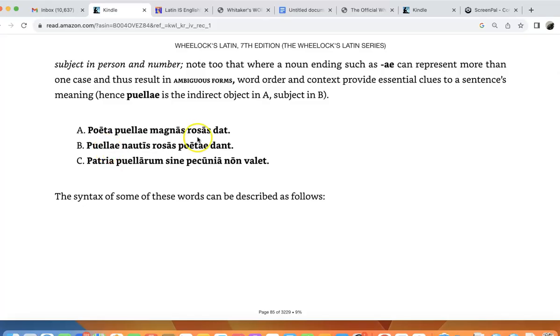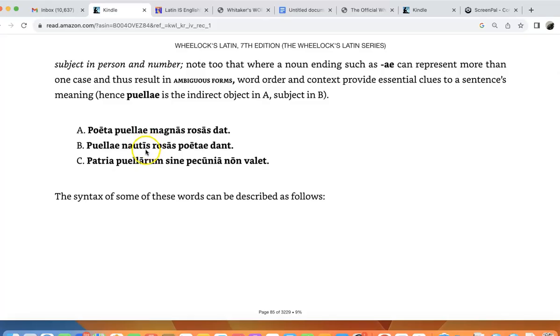So we have the girls are giving, literally, the roses of the poet to the sailors. Or the girls are giving the poet's roses to the sailors.